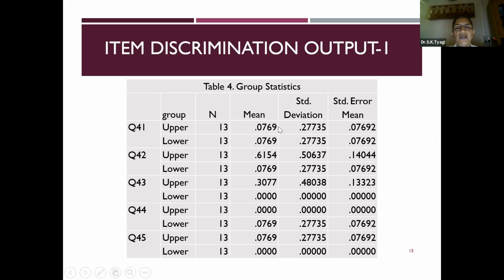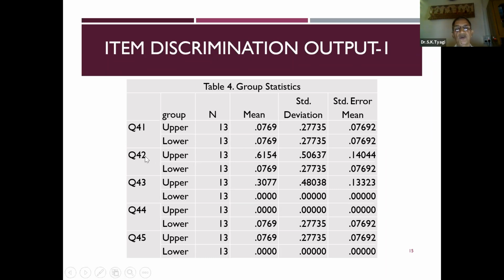But in this particular case, the upper group, 13 students comprising the upper group, their mean score on the item is 0.0769. Also, the lower group mean score is the same, 0.0769. Therefore, since there is no difference in the mean score, item 41 is not discriminating at all.